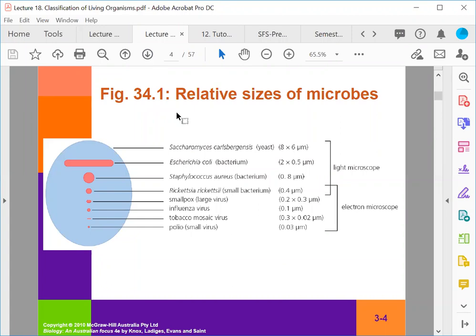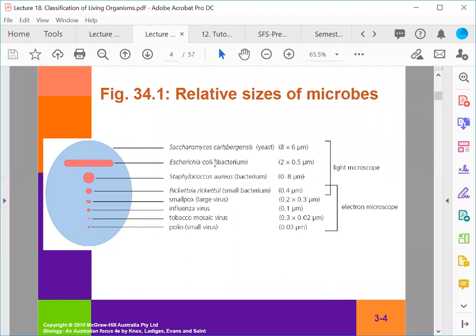All right, bacteria are really, really diverse in terms of how they function, in terms of their size, in terms of their shape. But it's often difficult to see this because you need at least a compound light microscope, but sometimes you even need something more powerful, like an electron microscope.